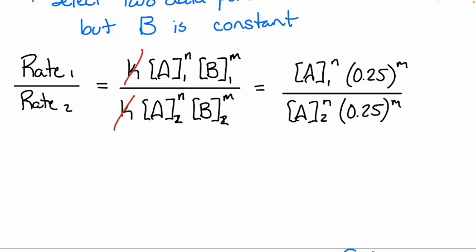Regardless of what m is, 0.25 to the power of m divided by 0.25 to the power of m is going to be 1. So by strategically picking data points where one is variable but the other is held constant, we get down to just one variable here. Now we just have that order n.